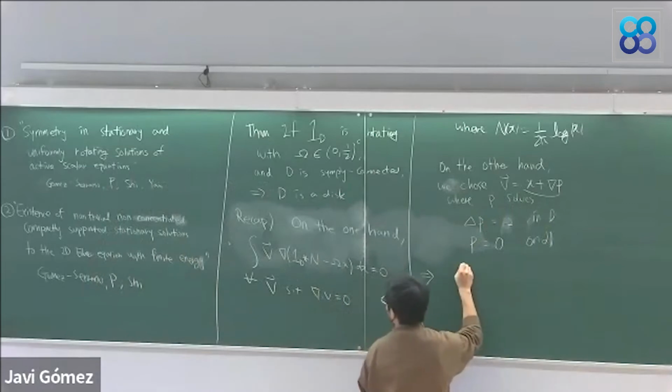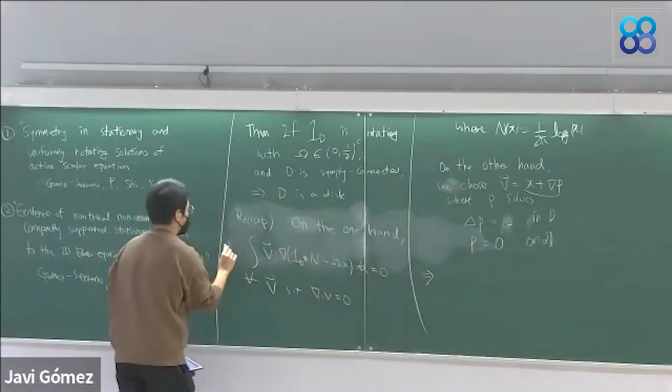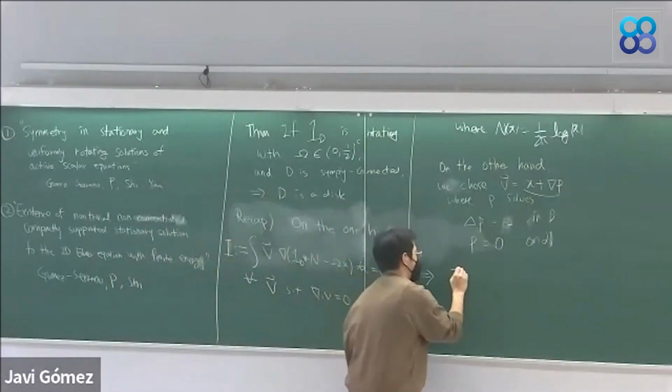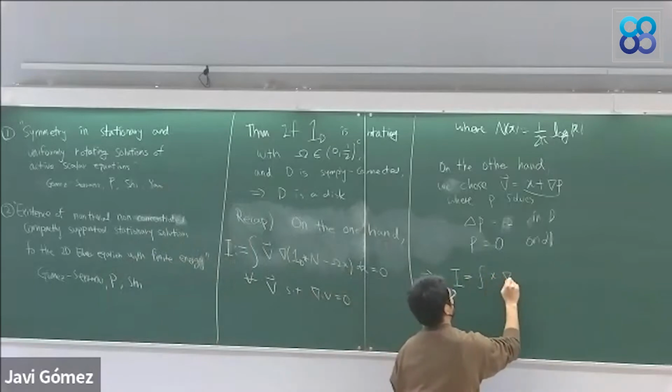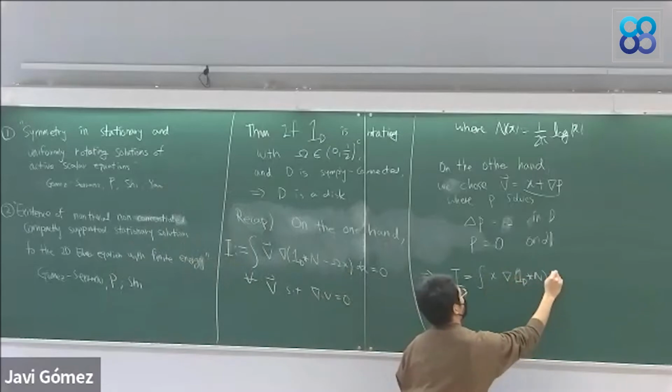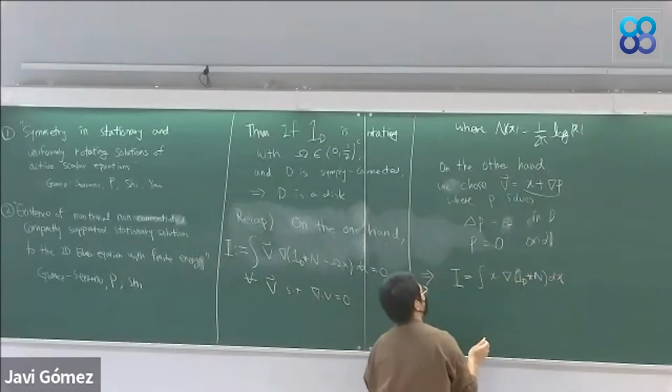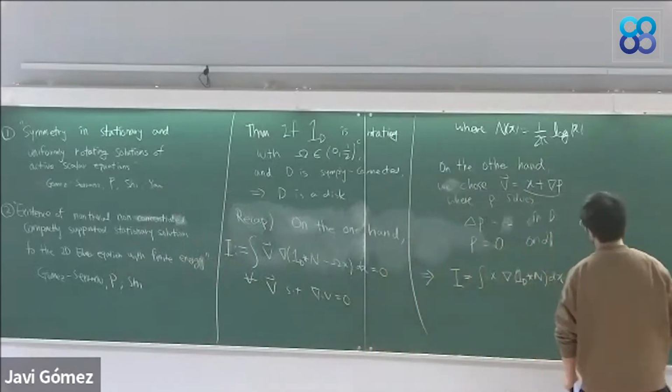We have, so let me call this I, is equal to x times gradient x.